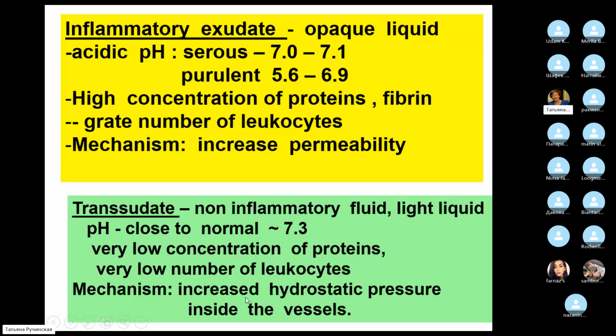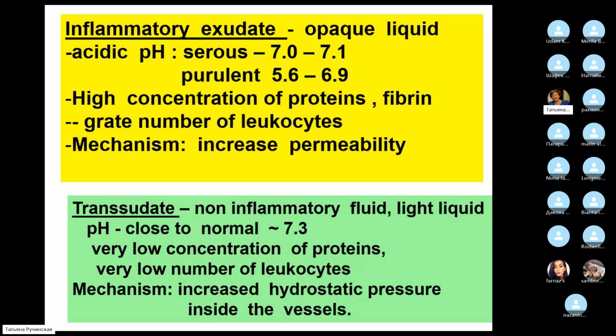There is another pathological process which is named transudate. Transudate is a non-inflammatory fluid which appears not during inflammation but during any other pathological process. For example, if the patient has heart failure, the work of the heart as a pump is decreased.